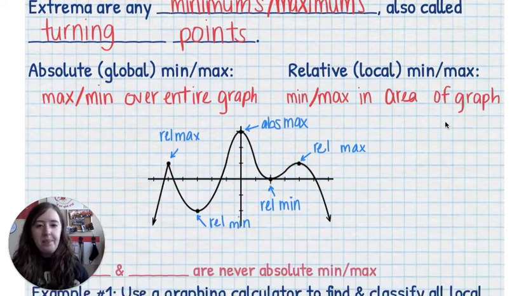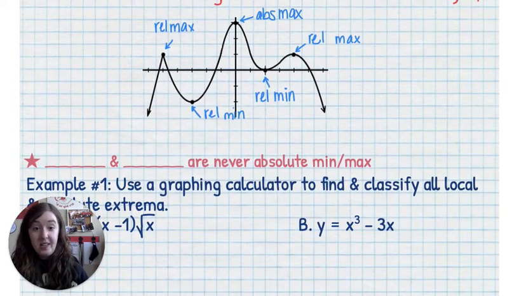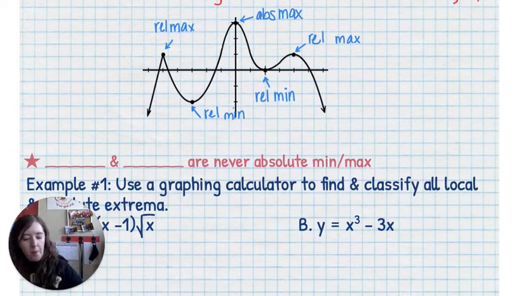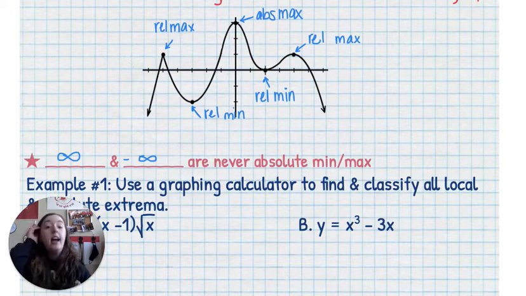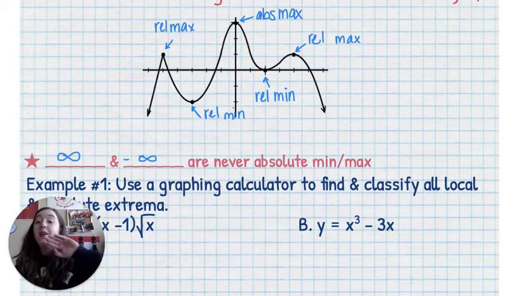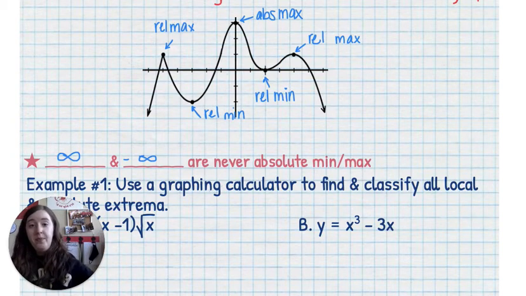Okay, now this is something that kids get really confused about. Positive infinity and negative infinity are never, ever, ever absolute minimums or absolute maximums. So think of minimums and maximums as values that that function can reach. So let's see, 1, 2, 3.